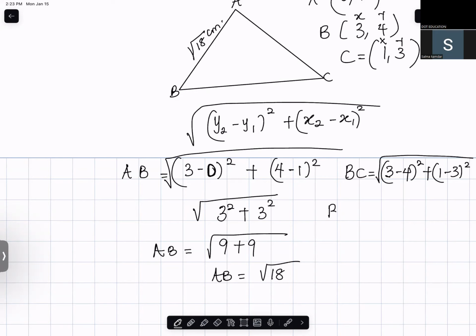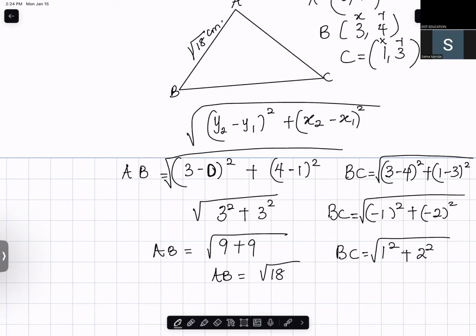So BC gives 3 minus 4 is minus 1 squared plus 1 minus 3 is minus 2 squared in your roots. We have BC as 1 squared plus 2 squared. BC equals root 1 plus 4.